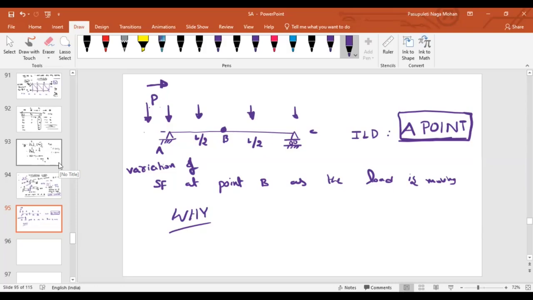If the load is moving, obviously we should see with the moving load how the reactions are changing on the beam, and then depending upon their changes, we have to design for the maximum value. That's why, to get the maximum value at a particular point as the load is moving, with that maximum force we have to design the corresponding structure.